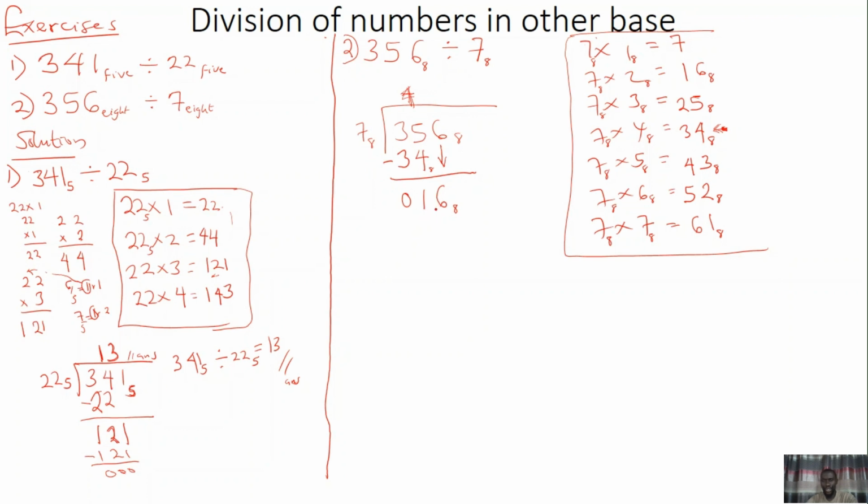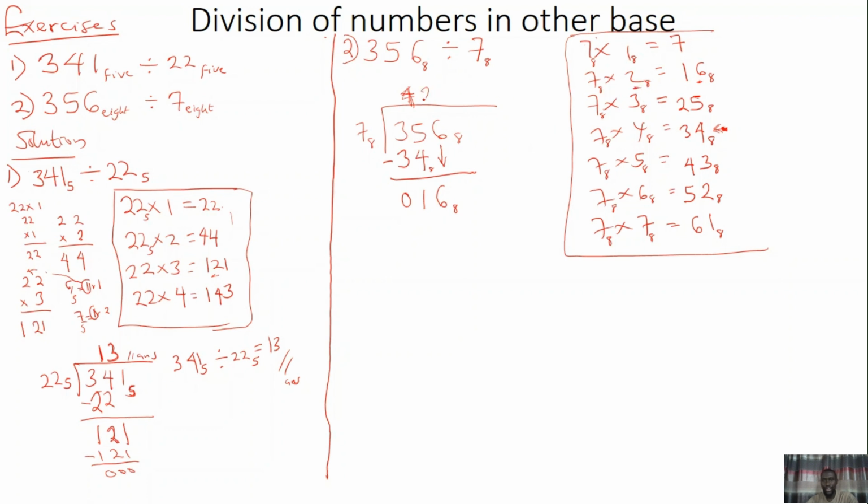For us to know this, we need to go back to our multiplication table and look at what number we are going to multiply with 7 to give us the number that is closest to 16 and not greater than 16. The number closest to 16 here is 16, and 16 is not greater than 16, right? So it means that 7 goes in 16 2 times.